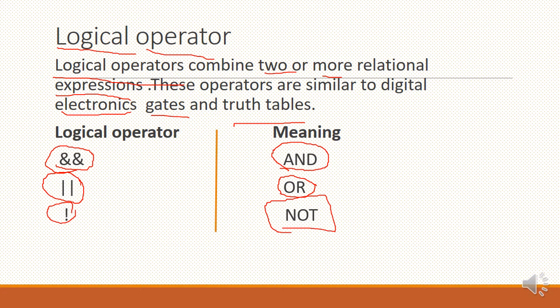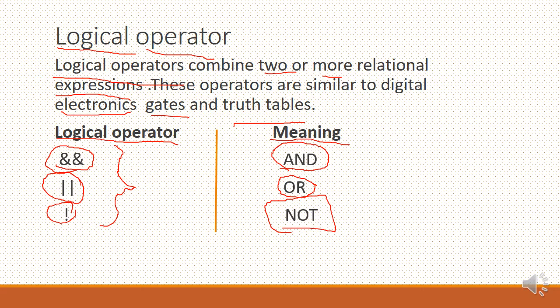Okay, these are the basic logical operations in digital electronics. And this is going to perform the same as the truth table we write for the gates. Let us remind. Here I have given in the first column the logical operators, and in the second column the meanings.